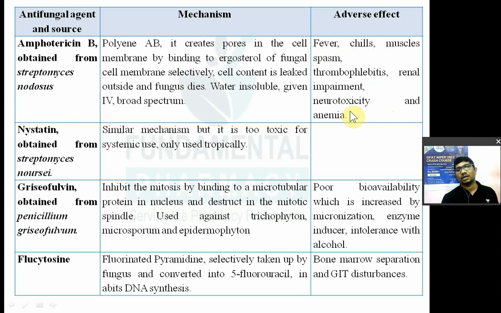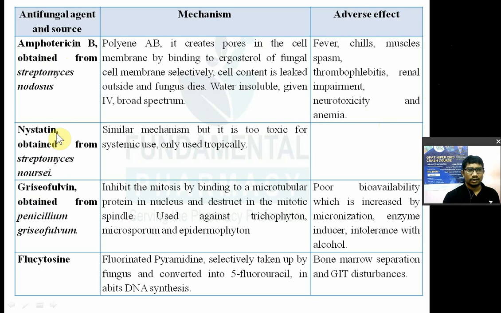These can be decreased by forming amphotericin B in a colloidal form, or in a liposomal form, or as a complex with lipids. Liposomal, colloidal or lipid complex amphotericin B will decrease the dose dependent adverse effects like neurotoxicity, nephrotoxicity, anemia, right?